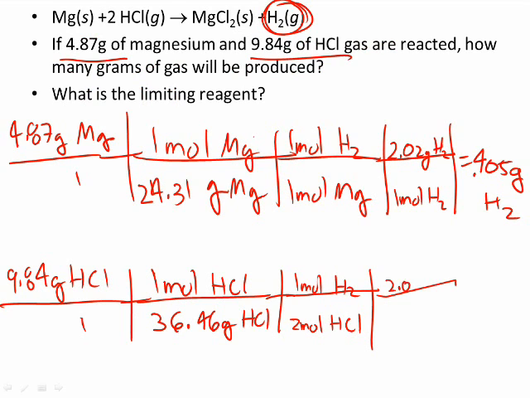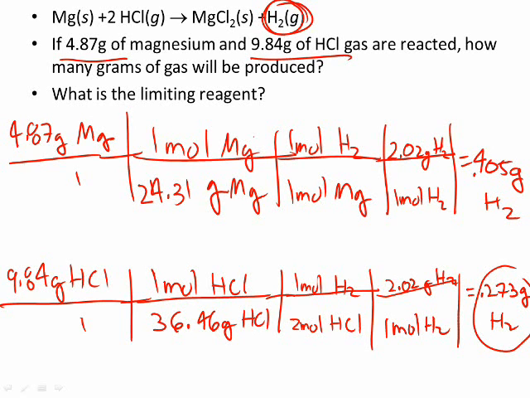We have 2.02 grams of hydrogen per 1 mole of hydrogen. Okay, that equals 0.273 grams of hydrogen, so that's even less. This is the least amount. The hydrochloric acid is the limiting reagent.